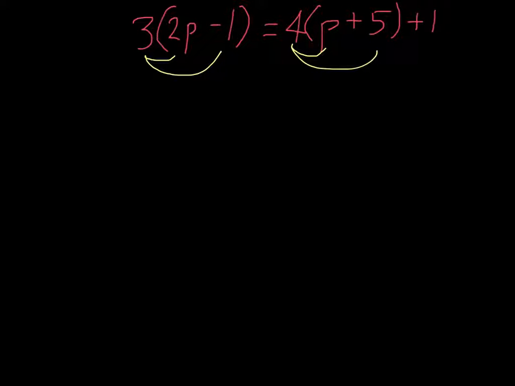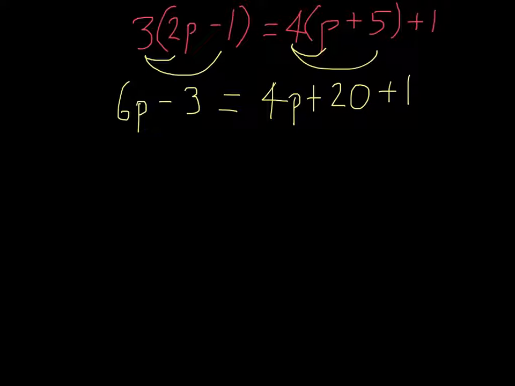So 3 lots of 2p is going to give us 6p. 3 times by negative 1 is going to give us negative 3. That is going to be equal to 4 lots of p, which is 4p. 4 times by positive 5 is positive 20. And then positive 1, or add 1 on the end.